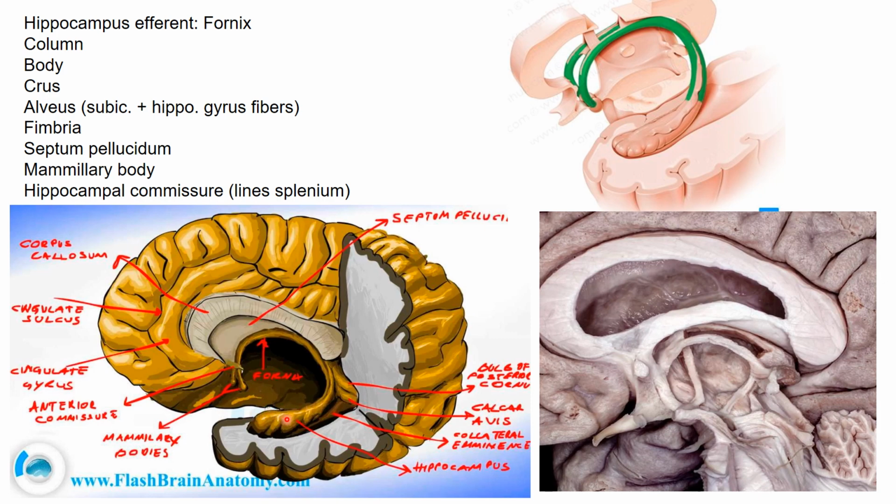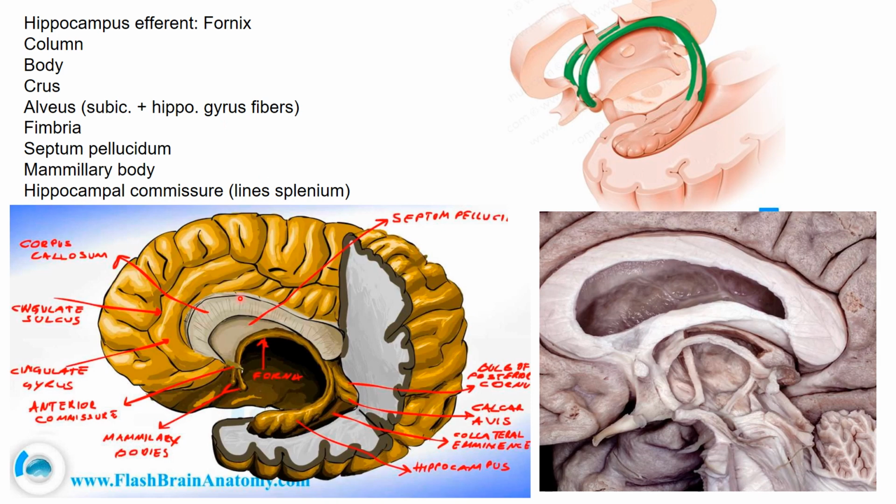So the alveus, because we pointed it out on the hippocampus, is going to be these fibers here. The alveus thins, and then it thickens here and sits on top of the hippocampus as the fimbria. And then just a little FYI, the alveus is composed of axon fibers made from, like I said, the subiculum and the hippocampus proper or hippocampus gyrus fibers.